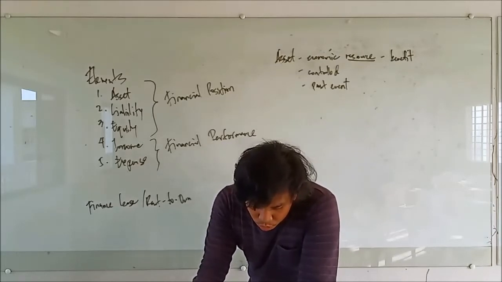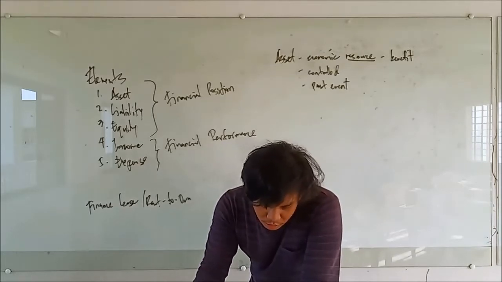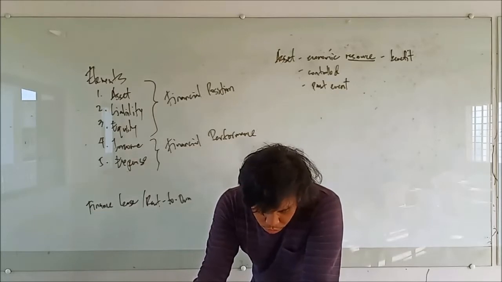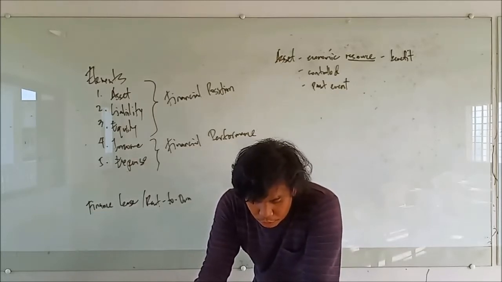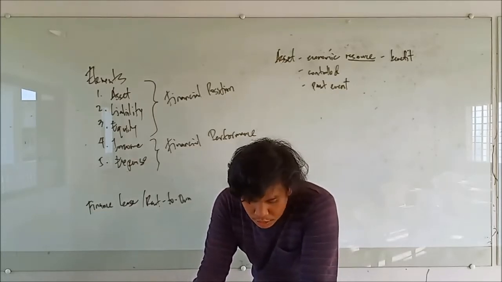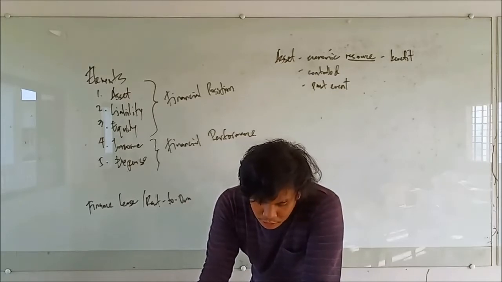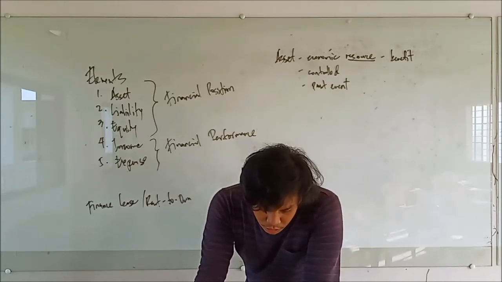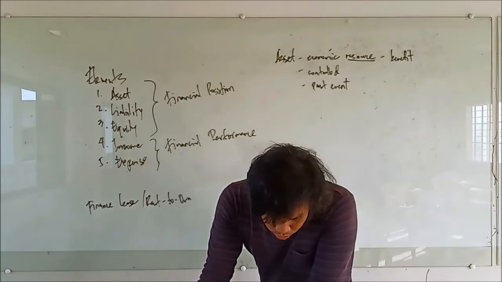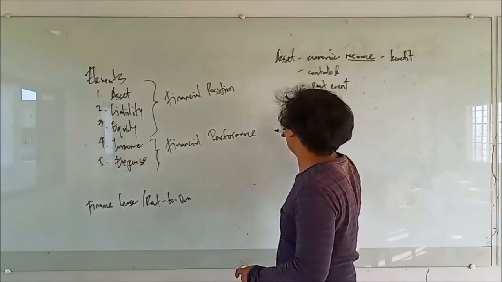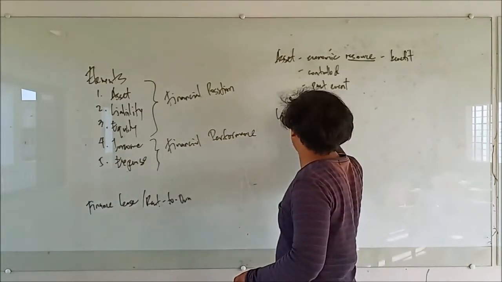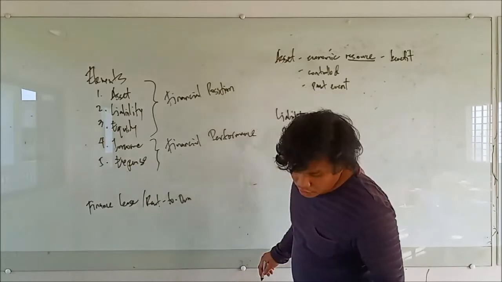So next, we will go with the liability. Okay? At page 102, under the revised conceptual framework, the liability is defined as a present obligation of an entity to transfer an economic resource as a result of past event. Okay.